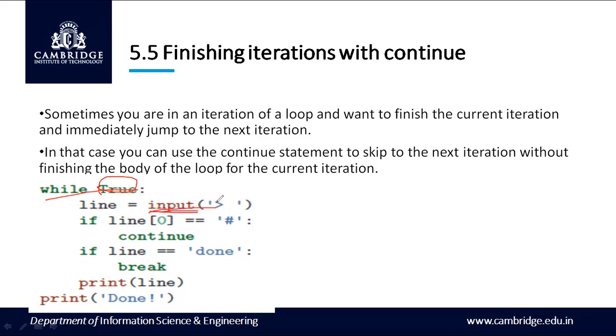Once in the Python shell, the user sees this symbol, so he has to type something. If line of 0 is equal to hash, if the user types hash, then it simply continues to the next line. If the user has typed done, then it breaks off from the while loop and it prints done. So that is the example given here.